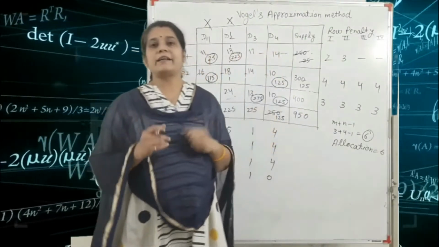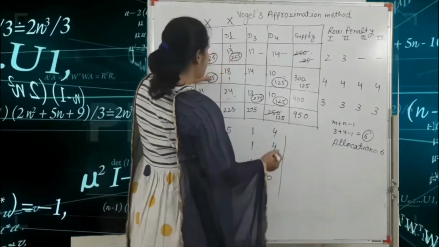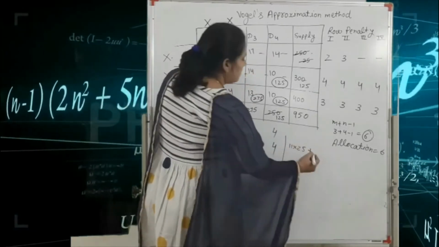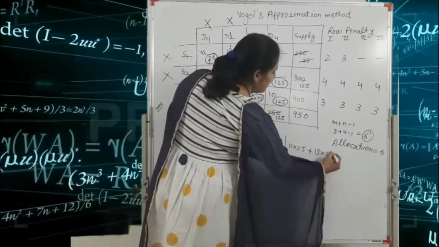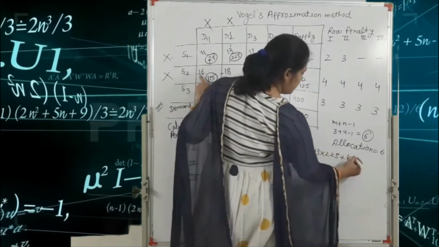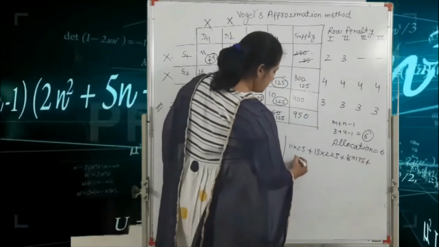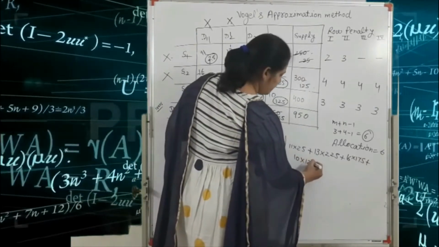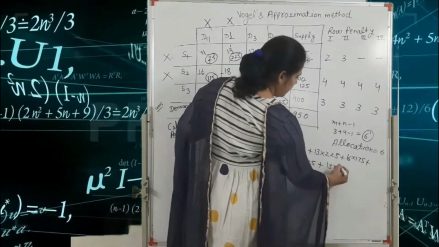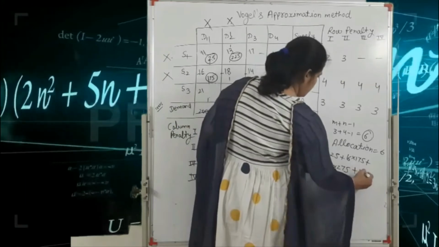Okay, so we write the final cost price. So what is the process? The process is that 11 into 25 plus 13 into 225 plus 16 into 175 plus 10 into 125 plus 13 into 275 and 10 into 125.